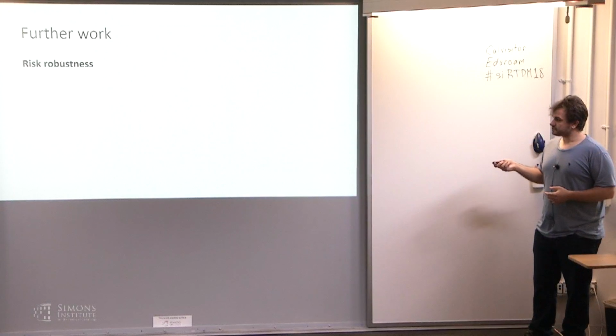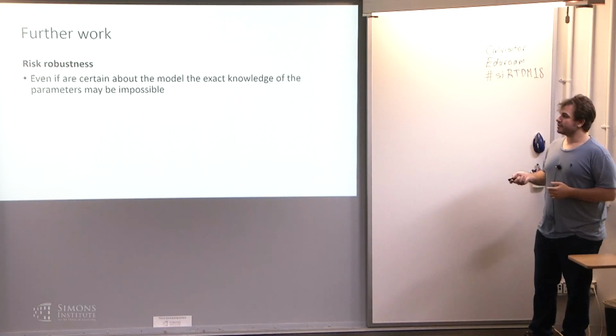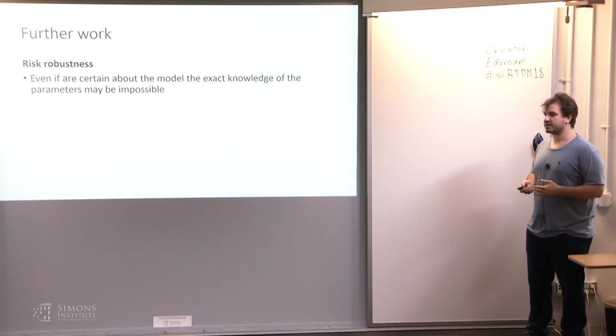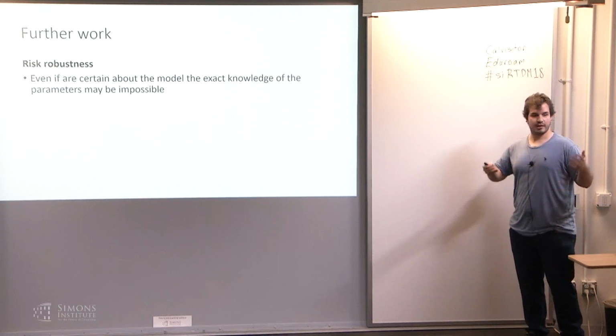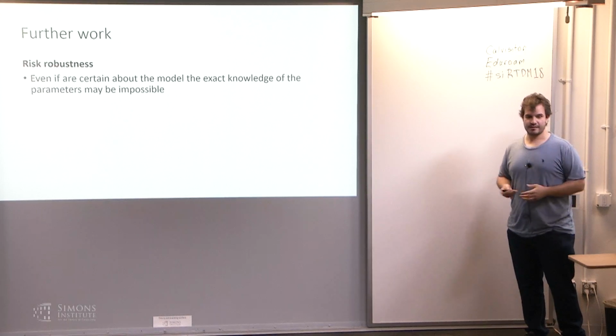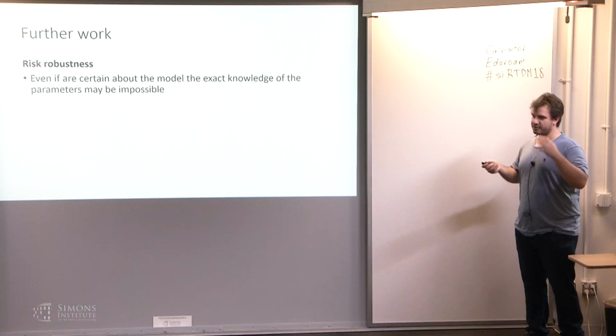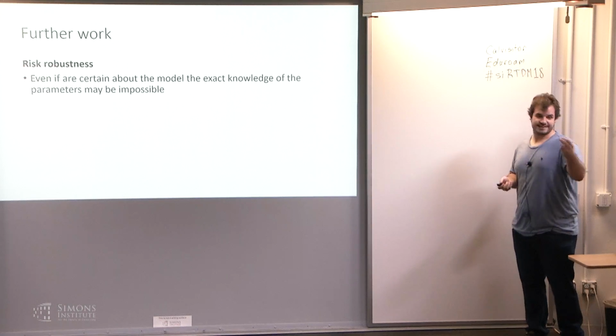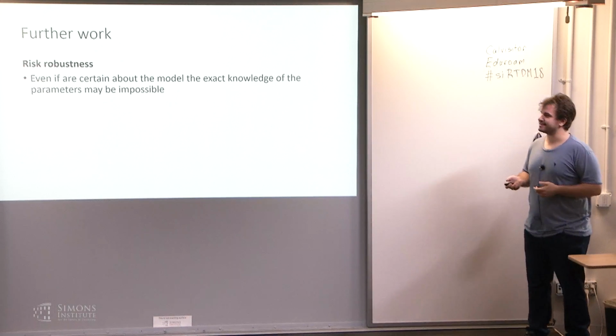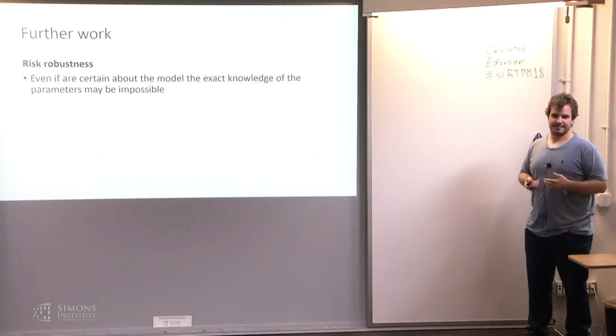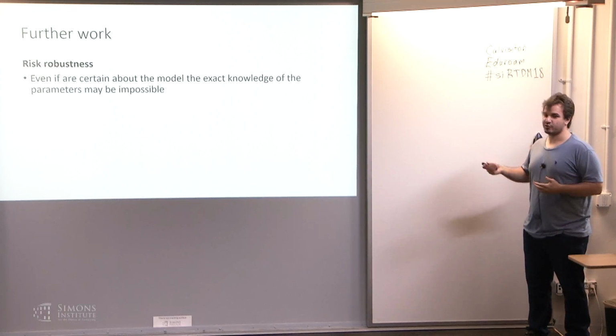And finally, and maybe I think it's the most important one, is risk robustness. All of this talk was assuming that even if we agree on a good risk model that we all like, all of the results I described really require that you know the exact risk parameters perfectly. But this is even more unrealistic than, we are already assuming we don't know their values.